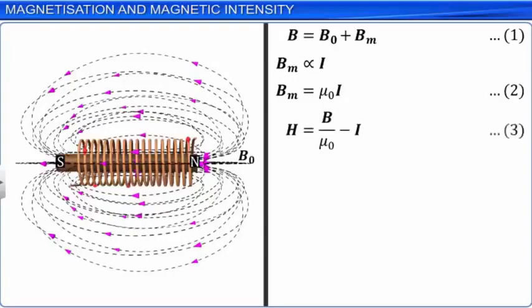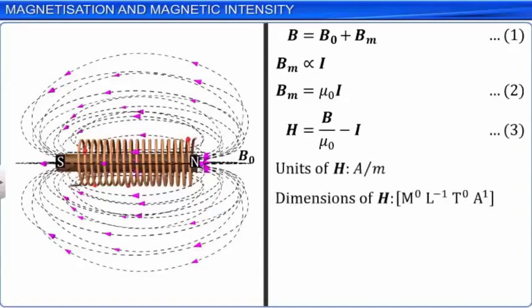That is, the SI unit of H is ampere per meter, and its dimensional formula is M0 L-1 T0 A1. On rearranging the terms in equation 3, we get the total magnetic field inside the material, B = mu0 (I + H). Let this be equation 4.